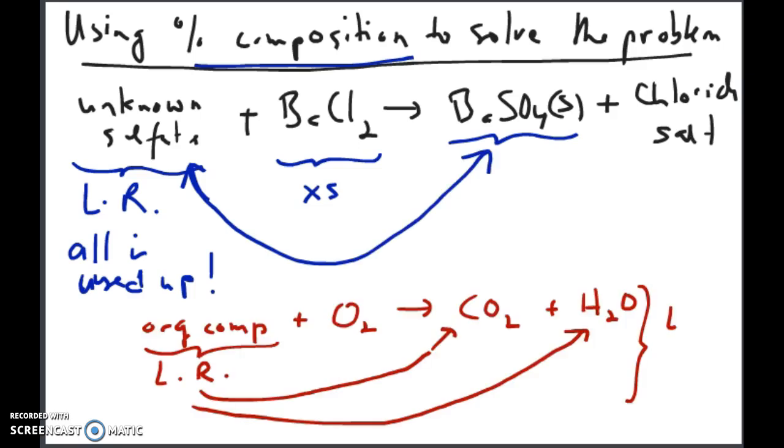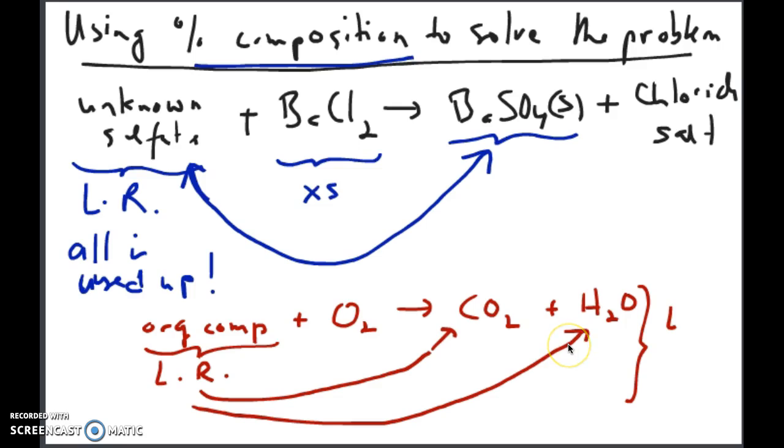This is a concept that's exactly identical to the concept we use to solve for molecular and empirical formulas in combustion analysis. If you remember, in that context, we have an organic compound, which is our unknown, and we have excess oxygen. So we make our organic compound the limiting reactant, and then we produce CO2 and H2O.